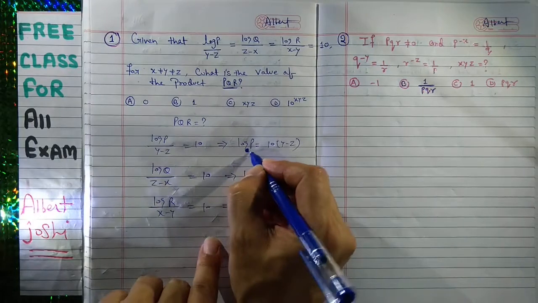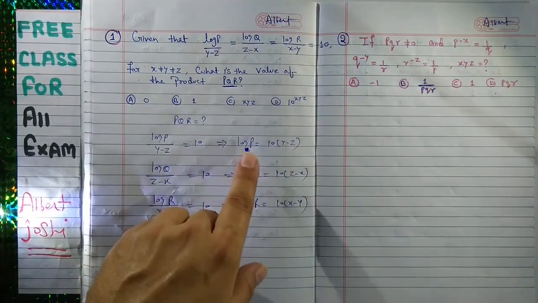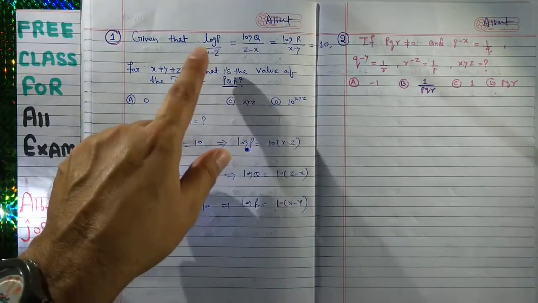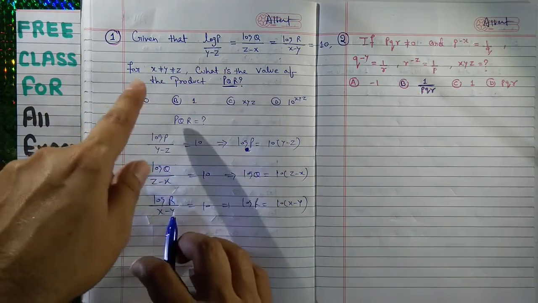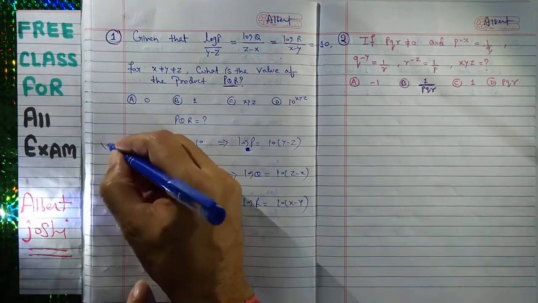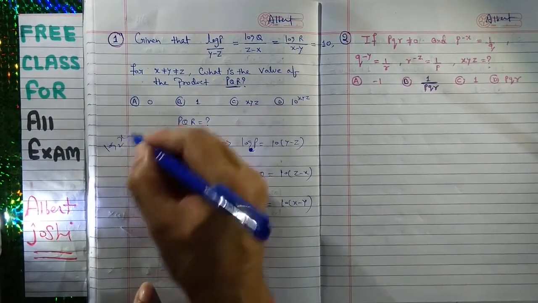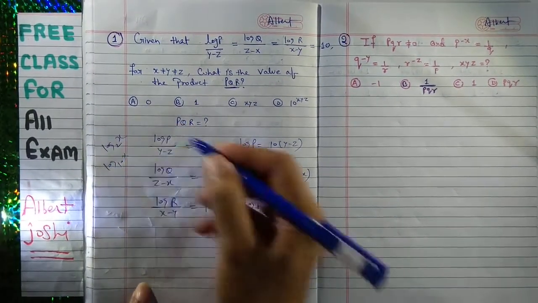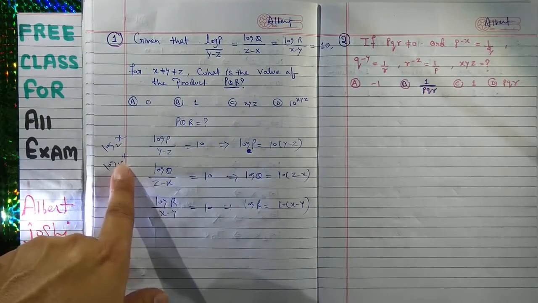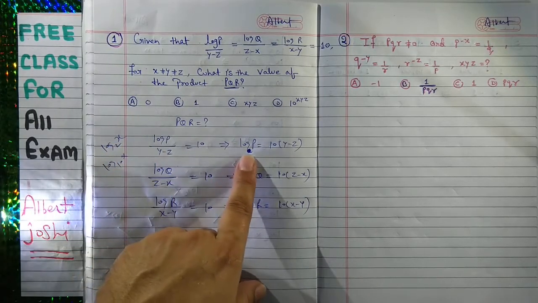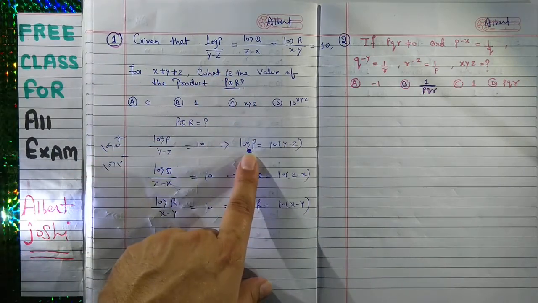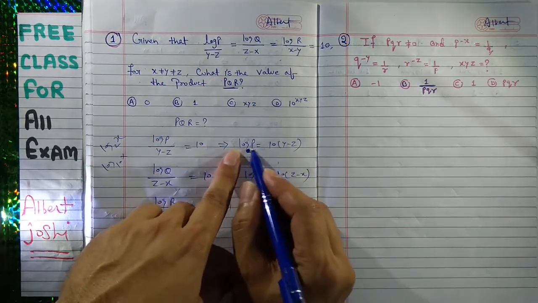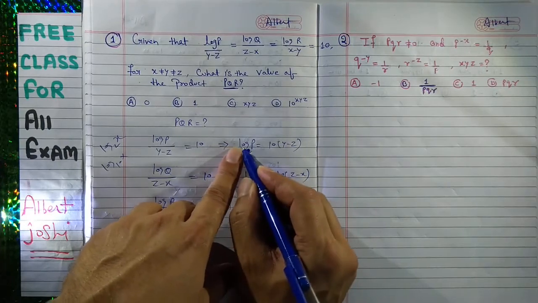So you have to use base e if they have not given. If they have given, the base can be anything, maybe 2, maybe 10. You can put any value in the base. But if they have not given us, in this condition you will write e here. So whenever you have written e, then this log will come here.